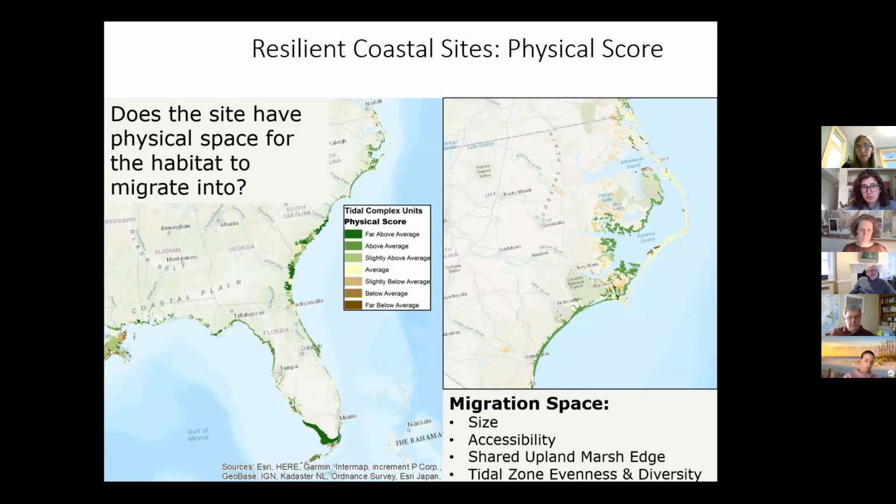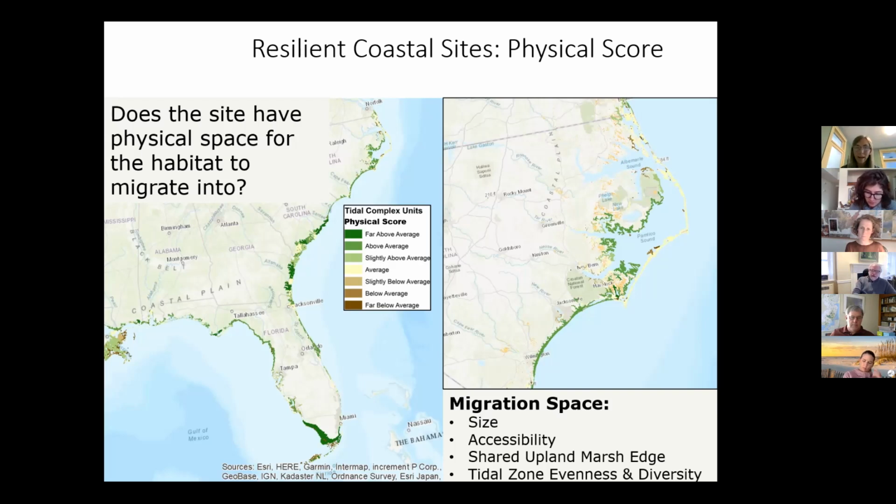So that first question: what are we looking for? What does the site actually have the physical space for the habitat to migrate into? One of the things that TNC wanted to ensure that the tool corrected for was that it wasn't identifying really high quality, great marsh space that had zero migration space, that didn't have any pathway for that tidal complex to persist into the future.